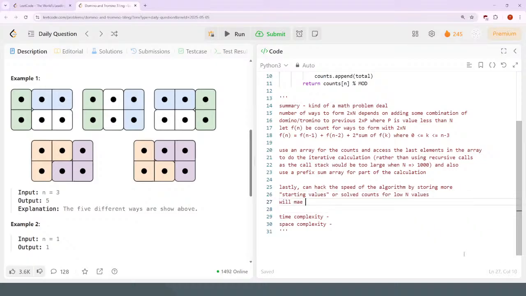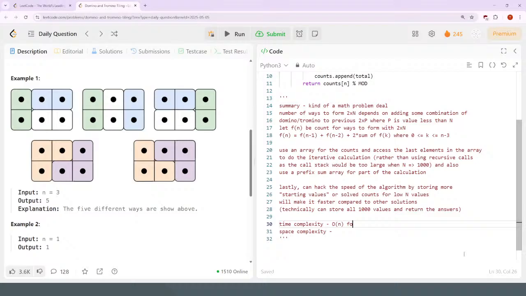That will make it faster compared to other solutions. Now technically you can store all 1000 values and return the answers there. So time complexity is going to be O of n for the honest solution.